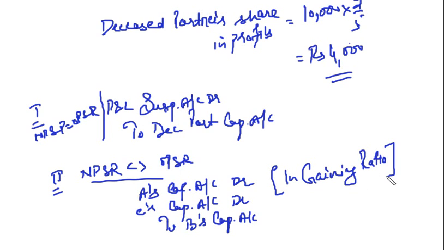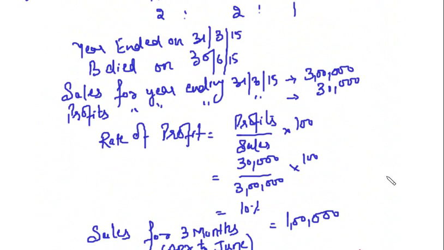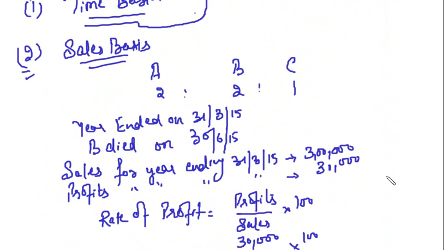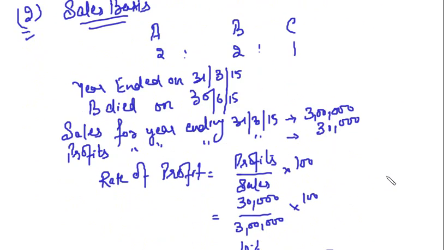Clear, friends? So we have two methods of calculating the share in the profits, right? The first one is time basis. That is absolutely similar to what we have done in case of the retirement during the accounting year. The second one is sales basis.